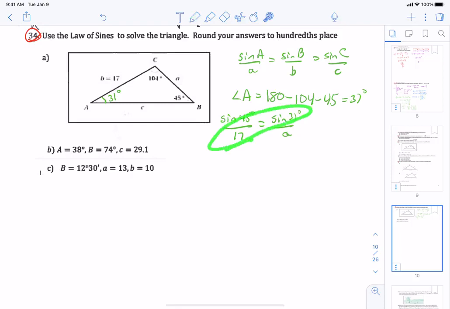We're going to cross multiply the two that are across from each other, divide by the one you haven't used. So in your calculator, you're just going to put the sine of 31 times 17 divided by the sine of 45.